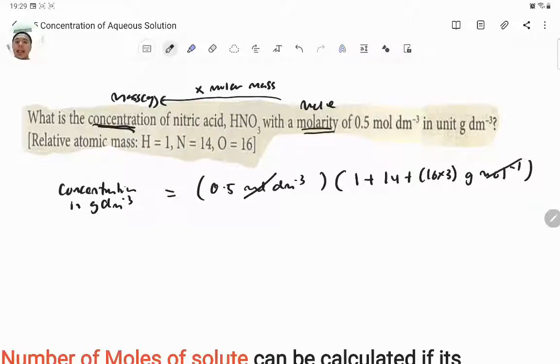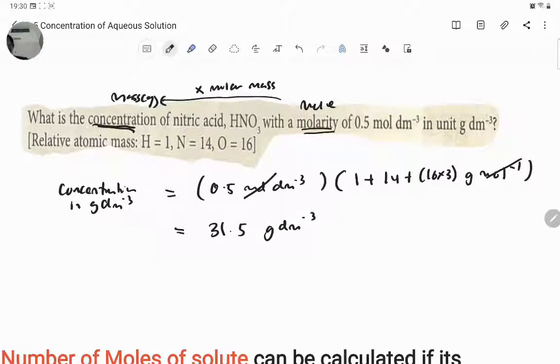So yang hanya tinggal adalah gram dan dm -3. So apa yang kita akan dapat adalah 1 plus 14 plus 16 times 3. So 63 times 0.5, you will get 31.5 gram dm -3.